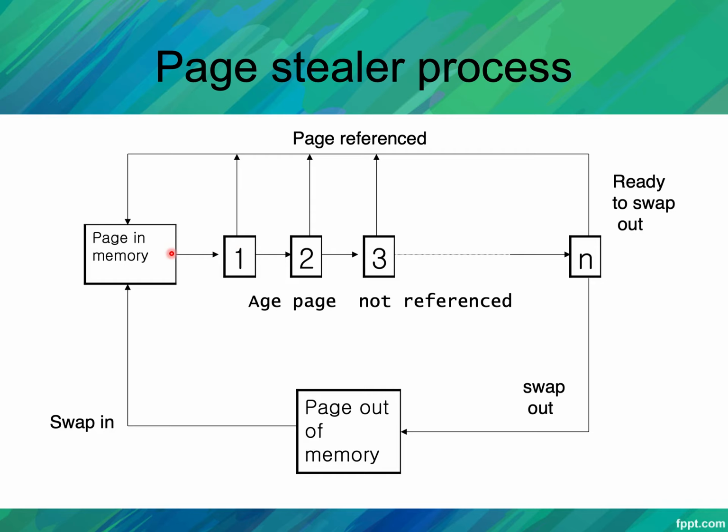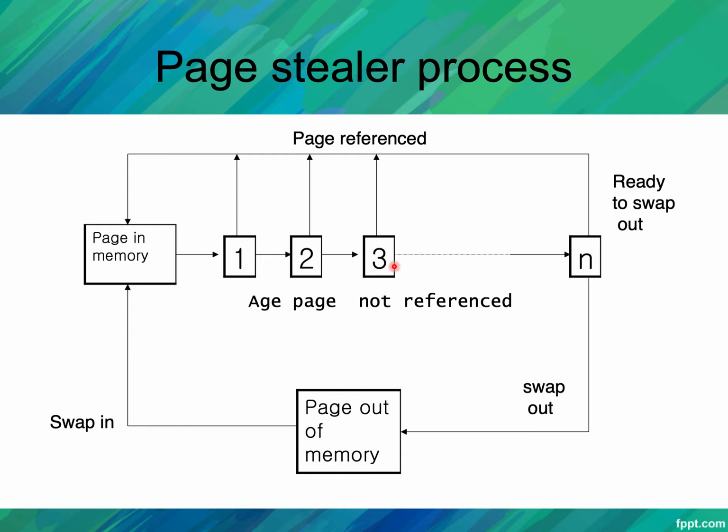If the page is currently under reference, that means if the page is currently under execution, the age of the page is 0. And when the page is not referenced recently, each and every time the age of the page will be incremented, from 1 to 3. So 3 means that particular page is older than the page with age 1.